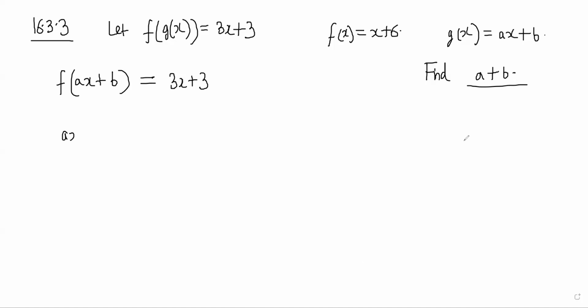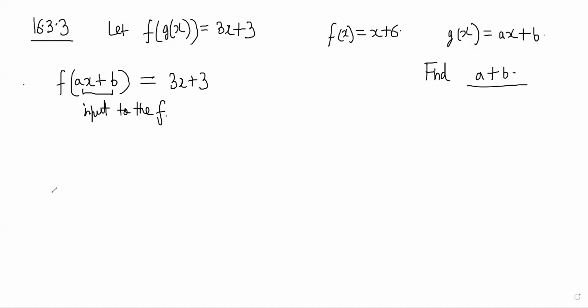How would you get ax squared? Because you're putting that ax plus b into the x plus 6, right? Ax plus b is the input to the f function. If ax plus b is input to the f function, what will the f output be? What is the output on the left-hand side?